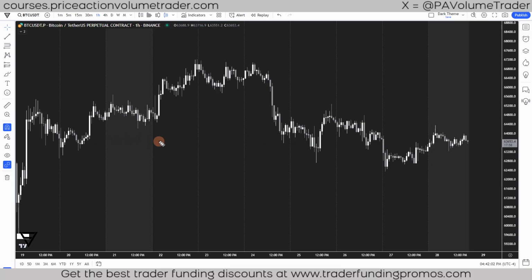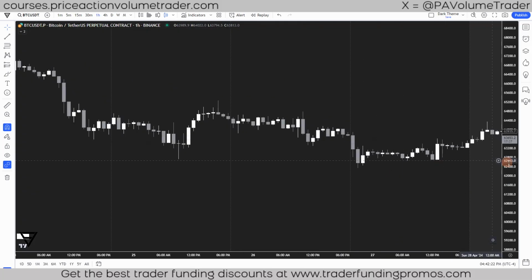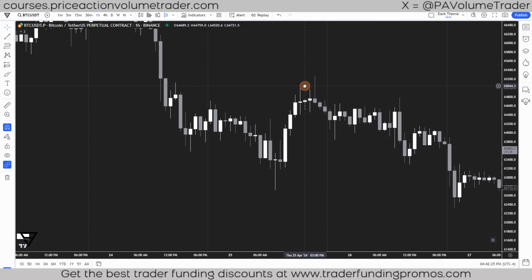By gaps, I mean that the close of a candle does not match the opening price of the candle right afterwards. If you look at a regular crypto chart, every candle close matches the next candle's open, all one after the other, okay? And in this case, I'm using a little dark color scheme.